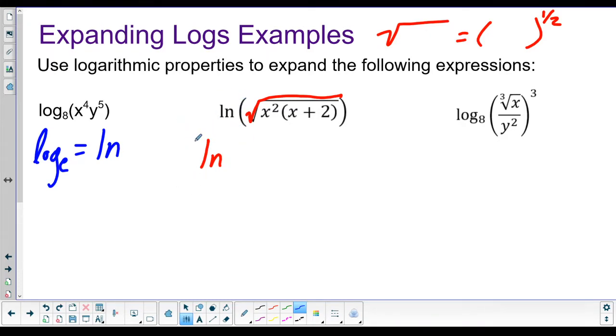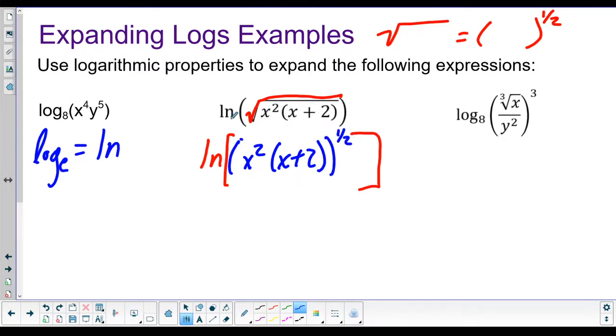So this is a natural log, the base is e. So this is ln, and let's do a bracket for the log. So this is gonna contain the whole argument, and I'm gonna split this up a little bit. So this is gonna be x squared times x plus 2, and then this whole thing is to the 1/2 power, and then it's inside the logarithm.